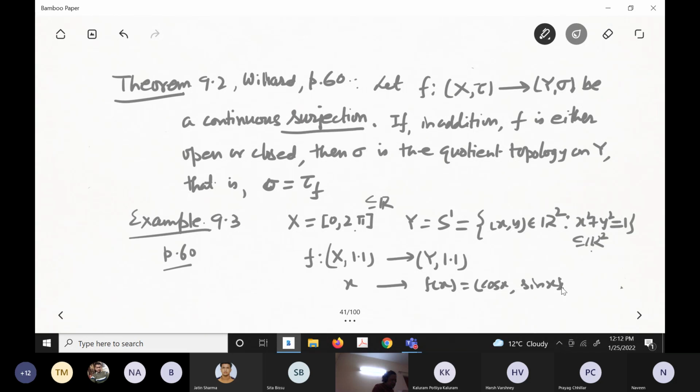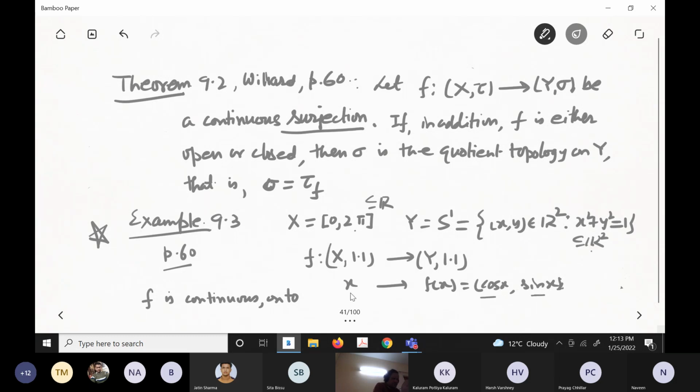Now look here, this map. This is a very important example. So f is continuous because each of these coordinate functions is continuous. Okay, component functions. f is continuous, and also onto, because if you take any point on the circle, that can be written like this.